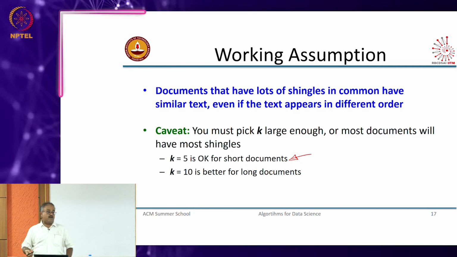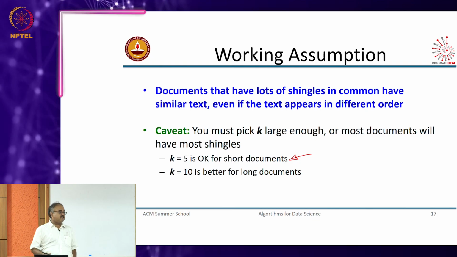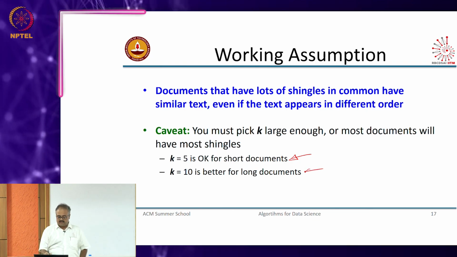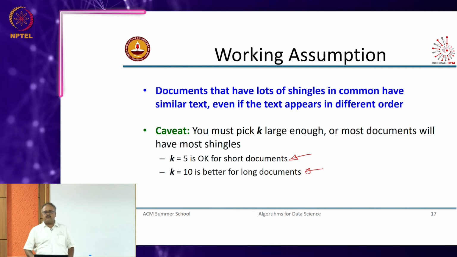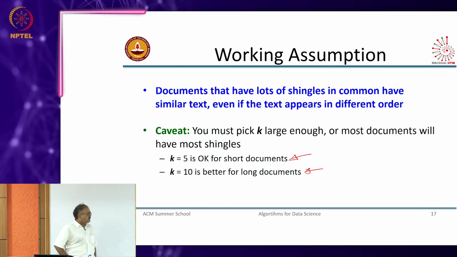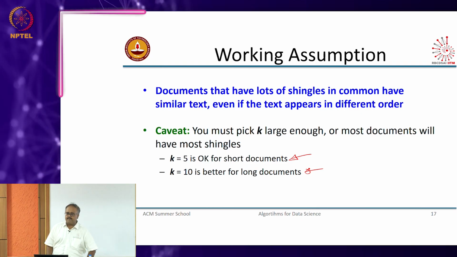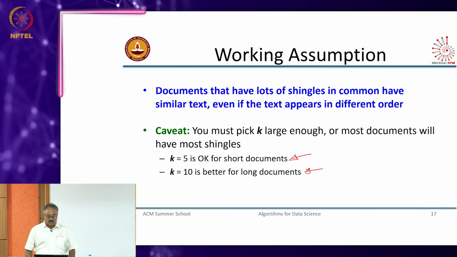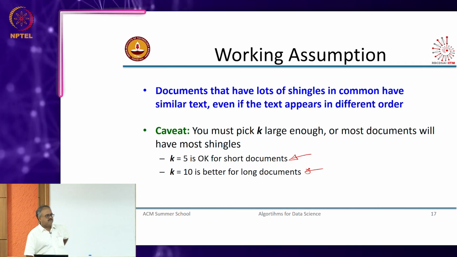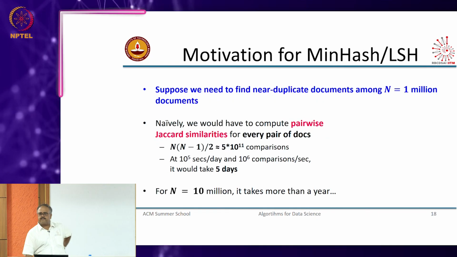But when you're talking about news stories and other kinds of articles and so on and so forth, then they want to have a larger k. So k equal to 9 is the most common implementation, but k equal to 10 is also better for these kinds of longer documents. By long documents, I mean typical articles, news stories, and so on, as emails are a few sentences long.